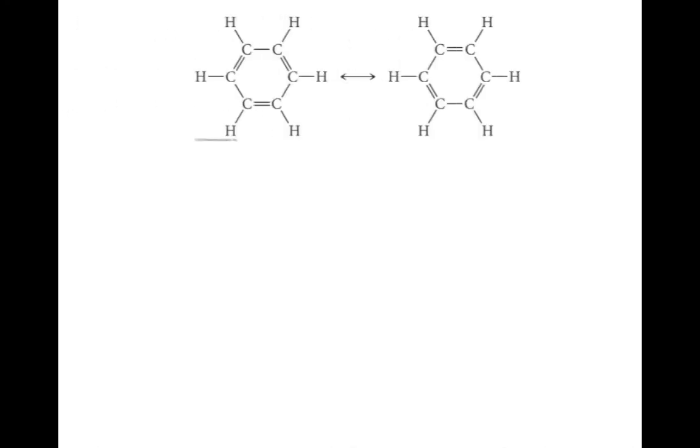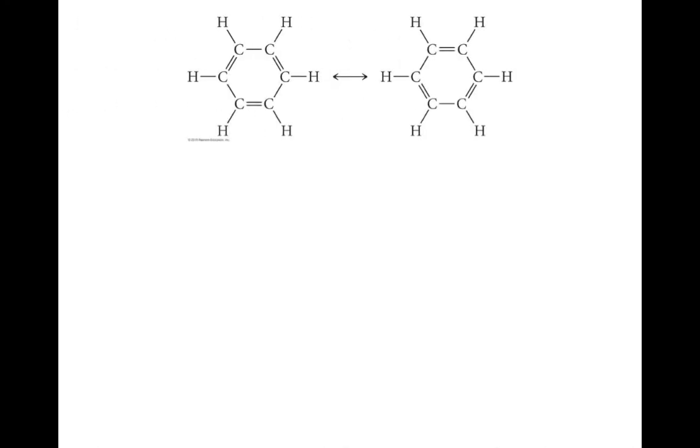And we can go to an even more complex structure here. We look at the benzene structure, and this confounded people for quite some time because we see that we have 3 double bonds in benzene and 3 single bonds in benzene, and then it goes through its resonance here, and the double bonds and single bonds change places, and what we find is that all of these bonds are exactly the same.